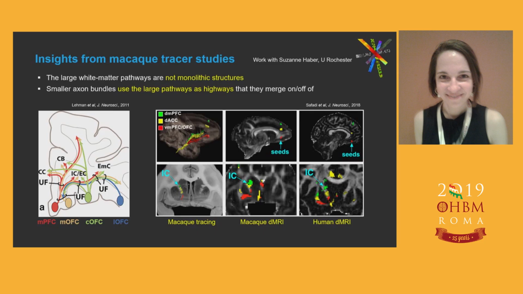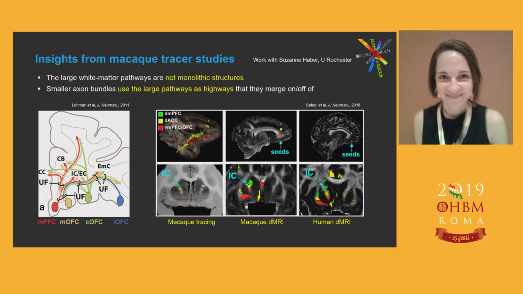So this is an example of topography, the injection sites going from more dorsal to more ventral, so green to yellow to red in the cortex. And her lab has shown that that same topography is preserved inside the internal capsule. And we are able to replicate this green to yellow to red topography using diffusion MRI tractography in the same monkeys.